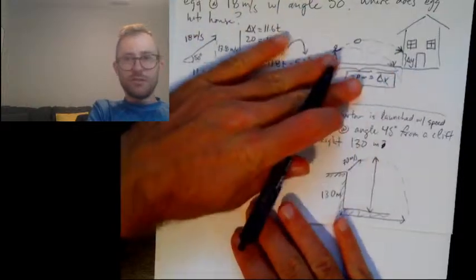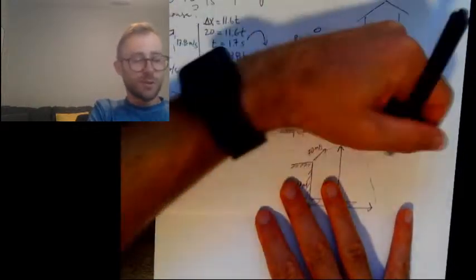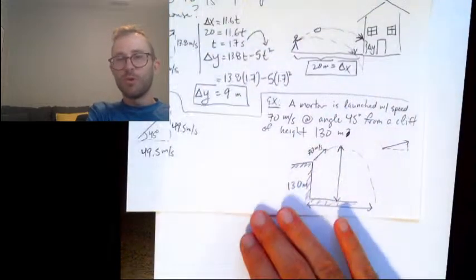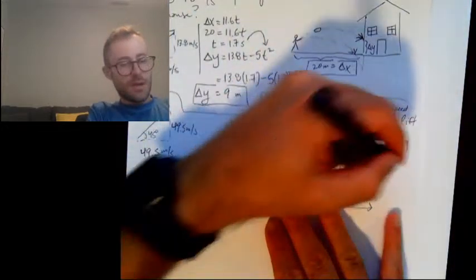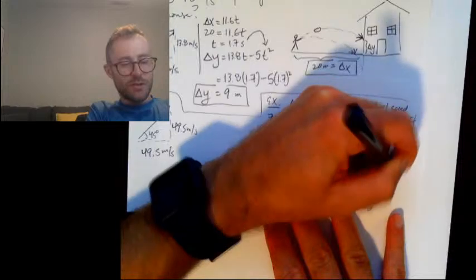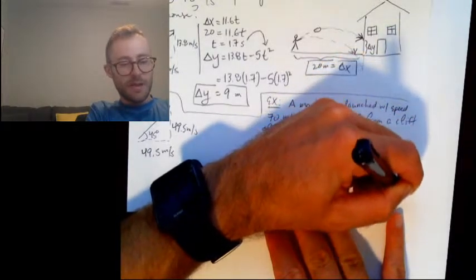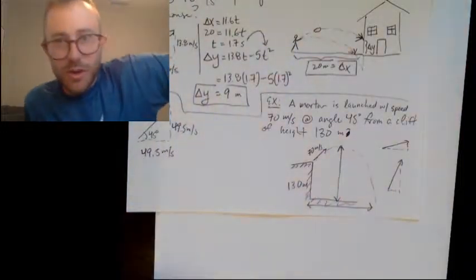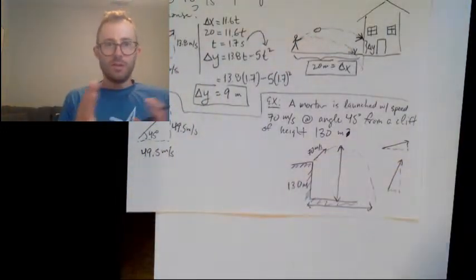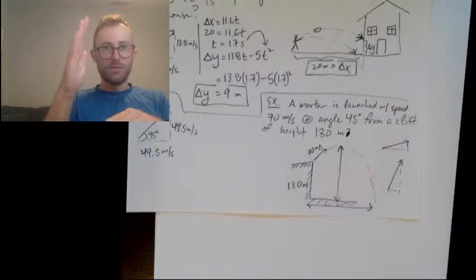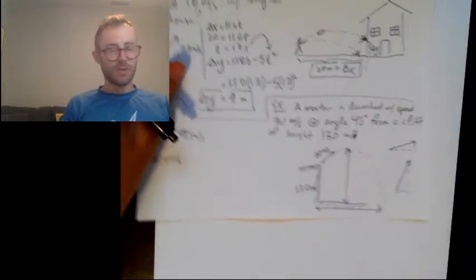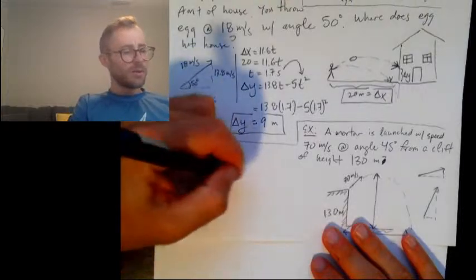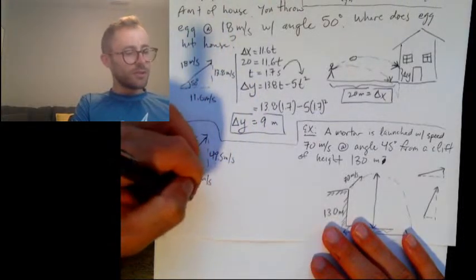If you have an initial velocity that is less than 45 degrees, so something like this, it is more horizontal than vertical. And if you have a launch that is like this, it is more vertical than horizontal. So 45 degrees is where you have balance, you have equal vertical velocity and horizontal velocity, okay? So now we're going to get our delta x equation and our delta y equation.